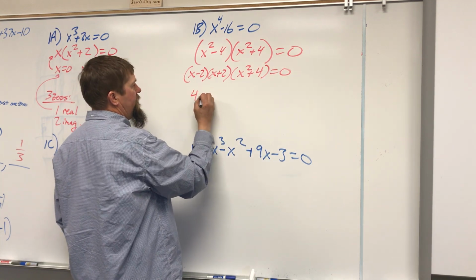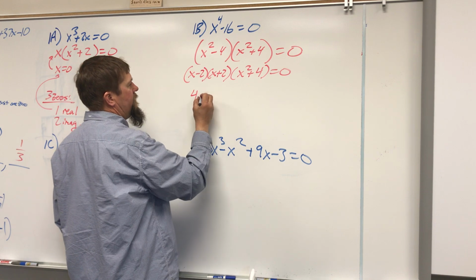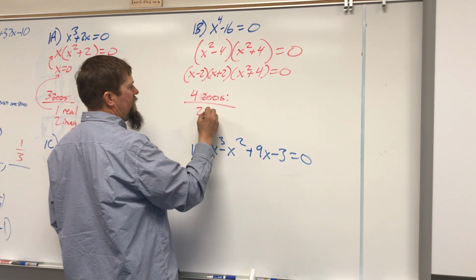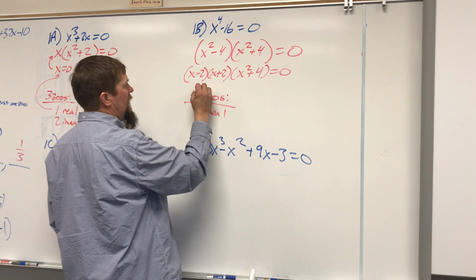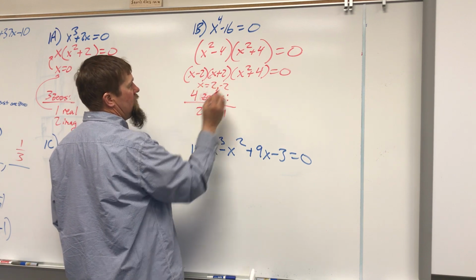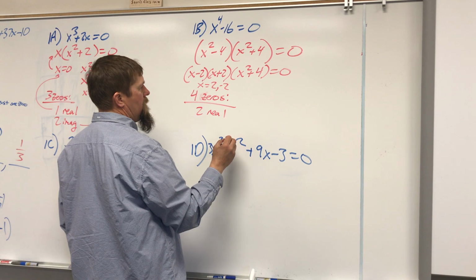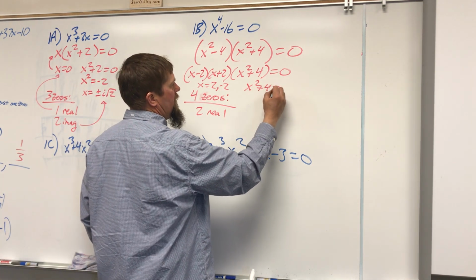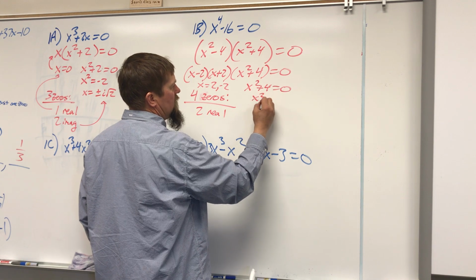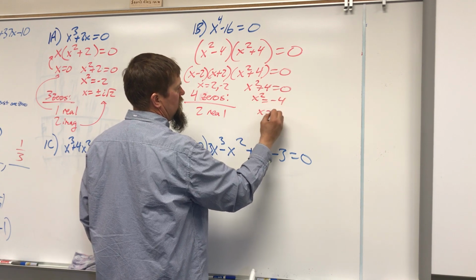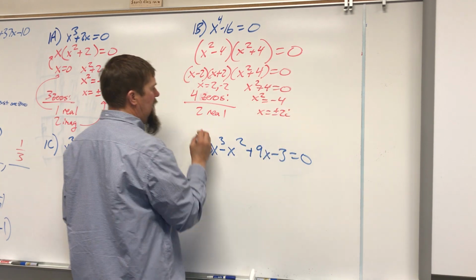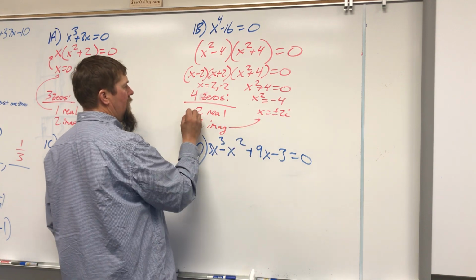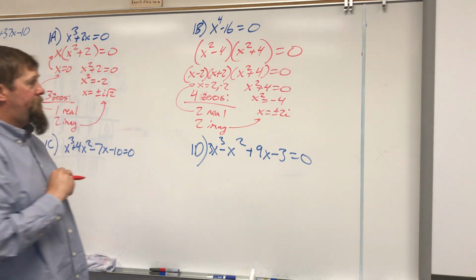I know out of the 4 zeros that I'm looking for, 2 of them are real because x equals 2 and negative 2. When I set x squared plus 4 equal to 0 and solve, I get x squared equals negative 4, x equals plus or minus 2i. So those 2 are imaginary, those 2 are real.